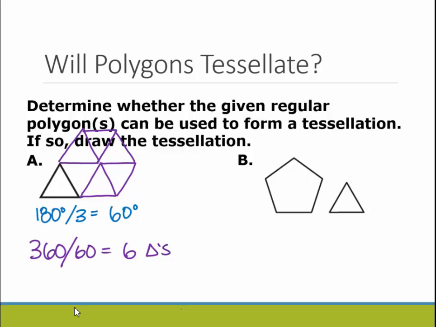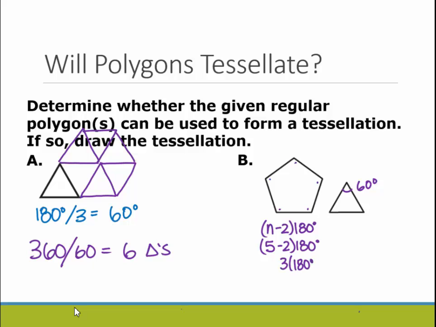Now these shapes here, we have a regular pentagon and a regular triangle. So we already know that each angle here is 60 degrees. And now in a pentagon, we have to figure out the interior angles and how many angles are in each one. So think back to chapter 6. We learned this formula. N is the number of sides, so we have 5. Take away 2, you end up with 3.